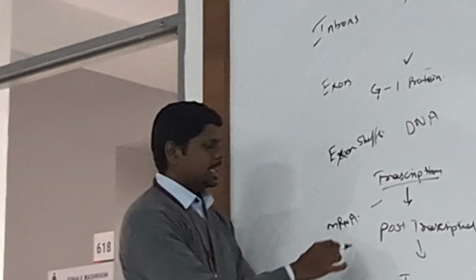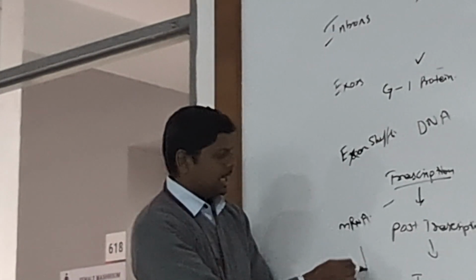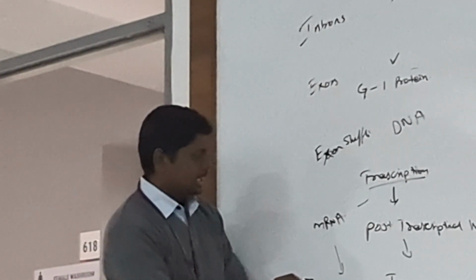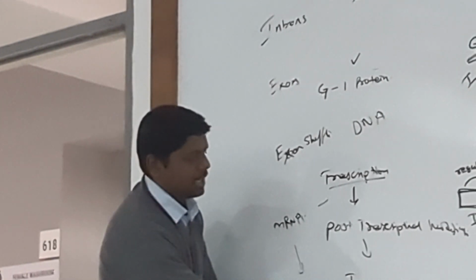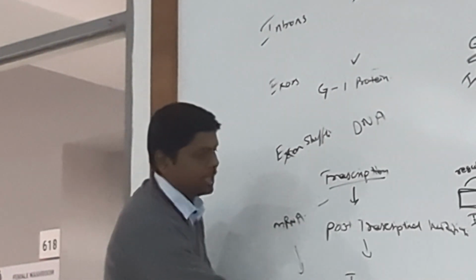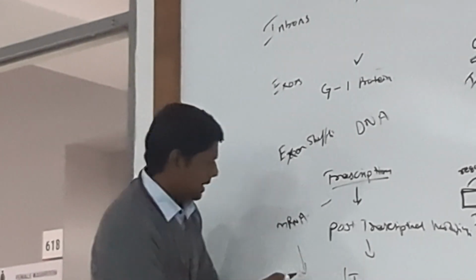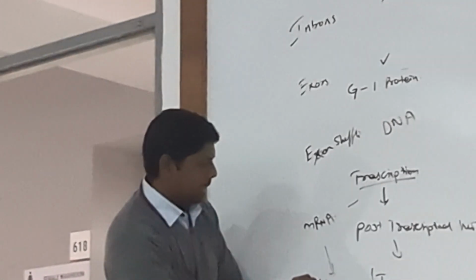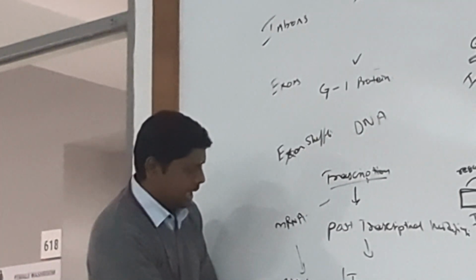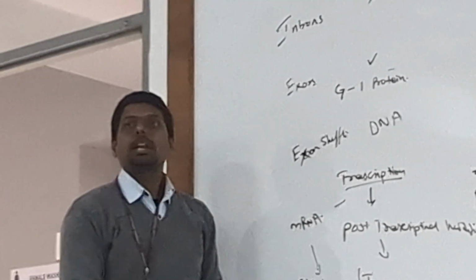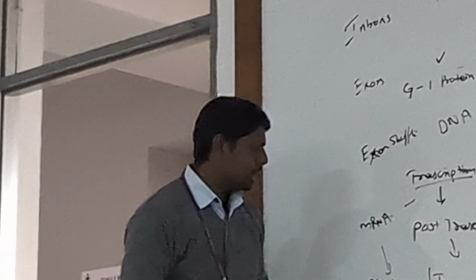Now this mRNA will be sent outside the nucleus, and it will be transferred to the nearby ribosome, where the translation happens. This will be taken care of by the tRNA. tRNA will take the mRNA and guide it towards the ribosome. That is the role of transfer RNA.